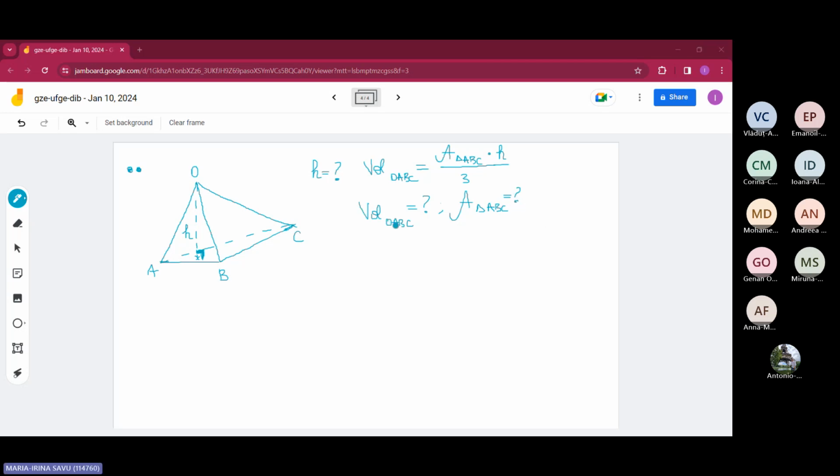How do you find the volume of OABC? Actually, we have found it in a previous point, which was solved at the seminar. It's 1/6 multiplied by the mixed product, and you should put a module because that mixed product can also have a negative value.